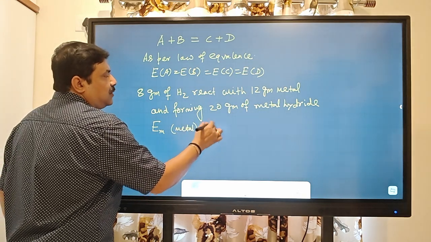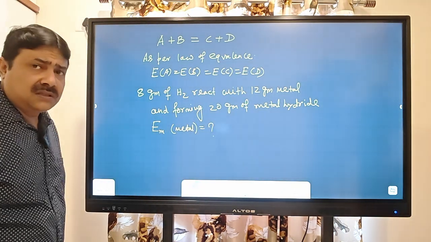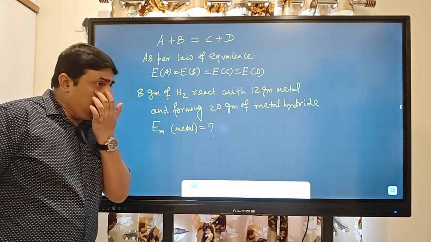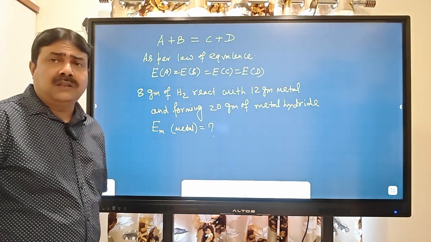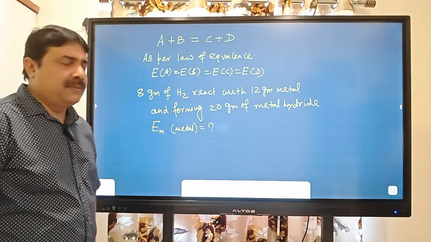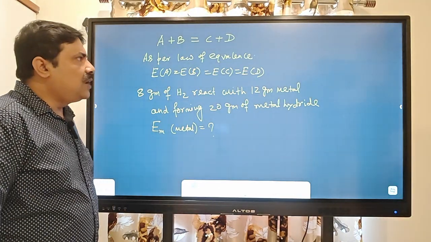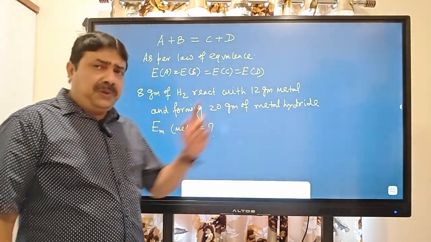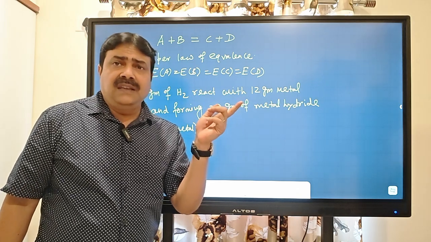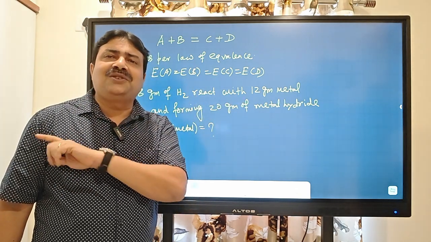Equivalent mass of metal will be equal to how much? That is the question. EM always means equivalent mass, E means equivalence or gamma equivalence, whatever you call it. Yes or no? So now here 8 gram of hydrogen reacts with 12 gram of metal. And another beauty of this concept is you need not know the balanced equation.